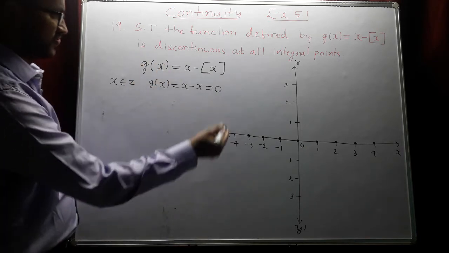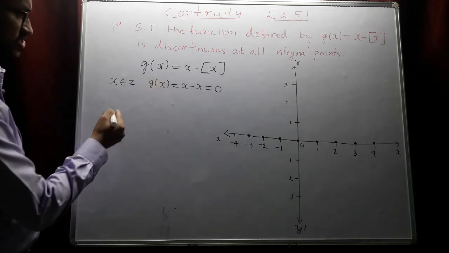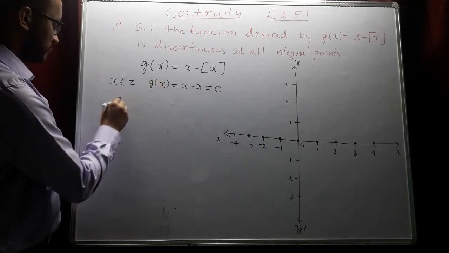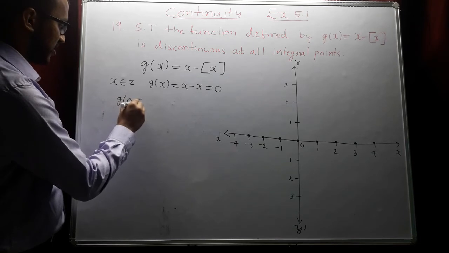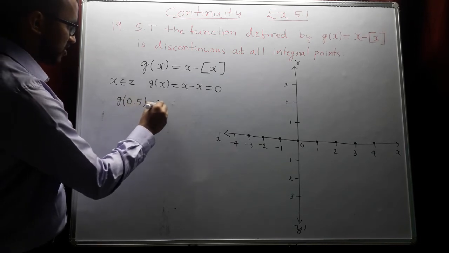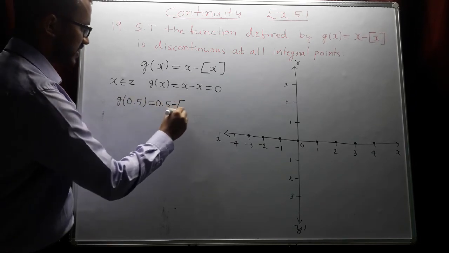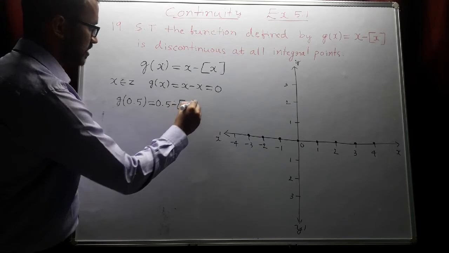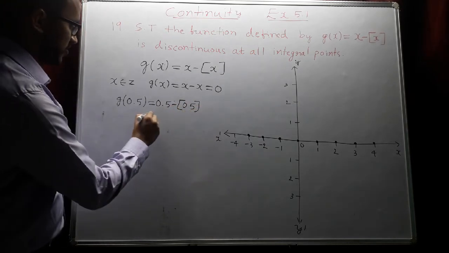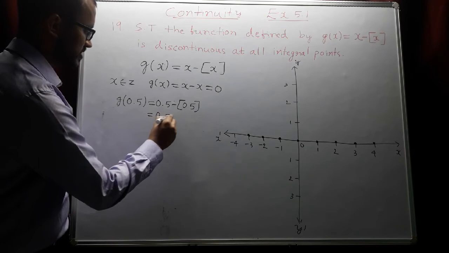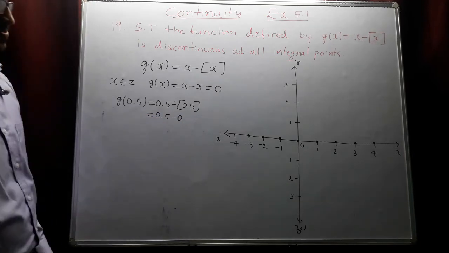Now for other values, suppose g of 0.5. So that is 0.5 minus greatest integer less than or equal to 0.5. That is 0.5 minus 0, so that is 0.5.